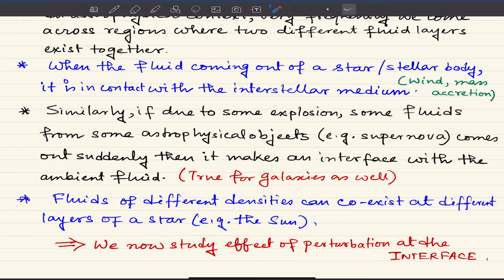One very easy and prominent example is the Sun. In this discussion we will study mainly the effect of perturbation at those interfaces.